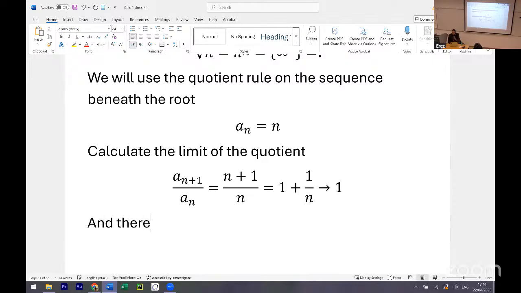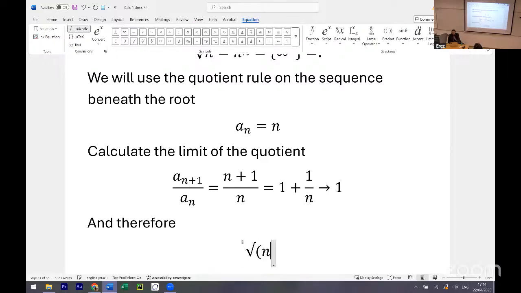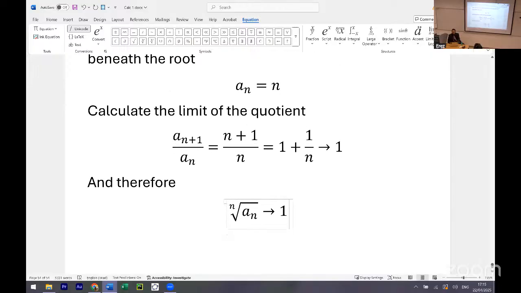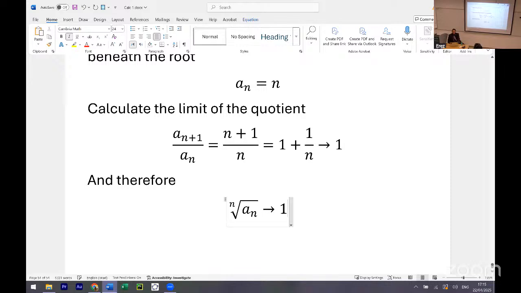And therefore, if the quotient goes to 1, this n root of an also goes to 1. That's the third claim in the quotient rule, which equals, in this case, because we chose an wisely, that means that the limit is 1. The nth root of n goes to 1.